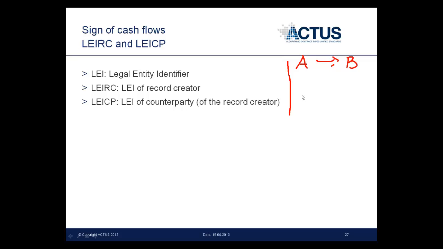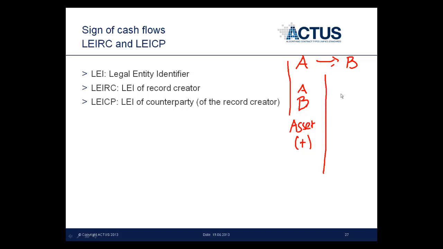In this case, LEIRC is A, so they would put A here. They would put B here. And they would say it's an asset. Or in short, it has a positive sign.